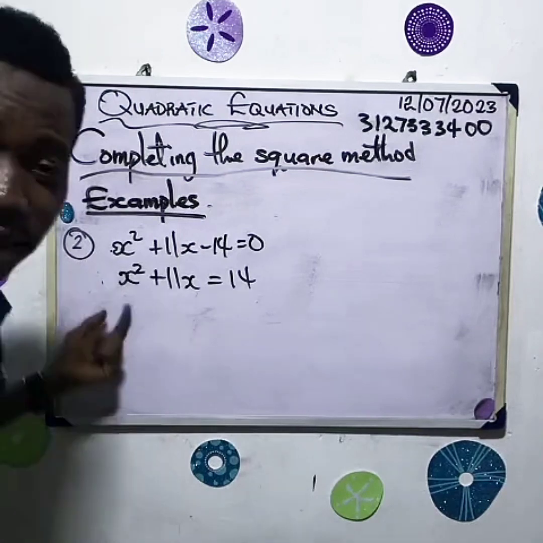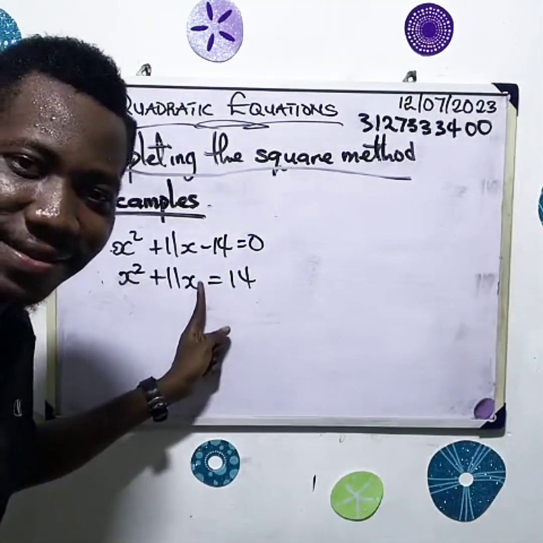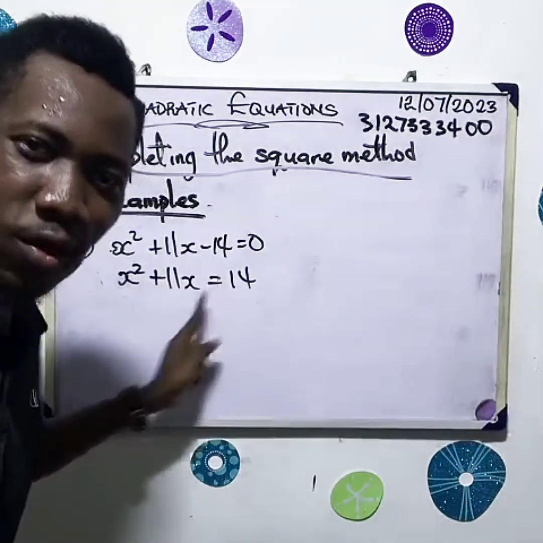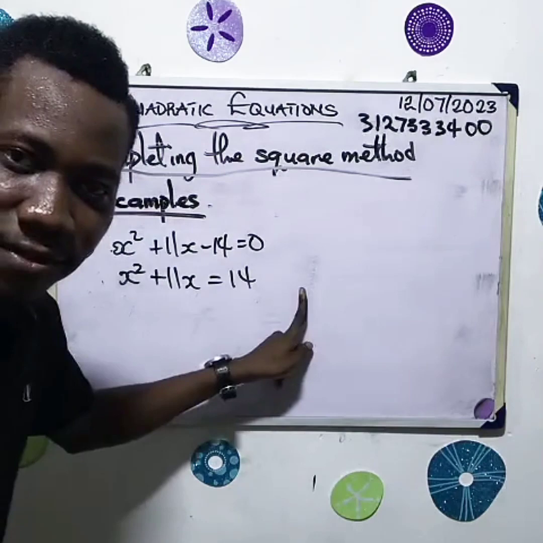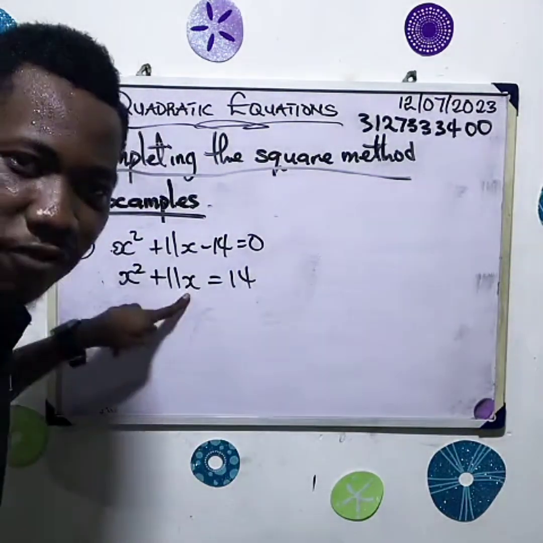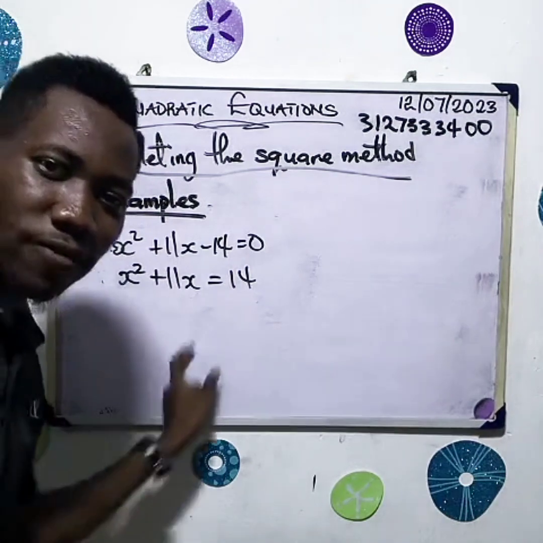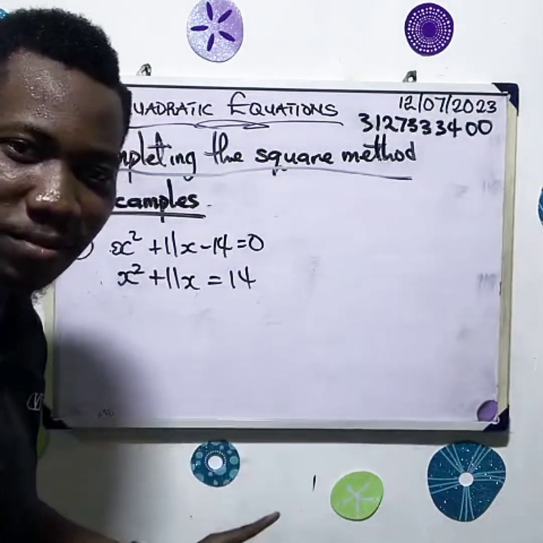Now, the next thing we are going to do is to add the square of half the coefficient of x to both sides. The coefficient of x is 11, so half of it is 11 over 2. 11 over 2 squared is added to this side, and 11 over 2 squared added to this side.